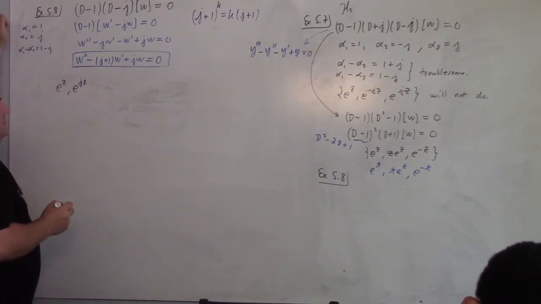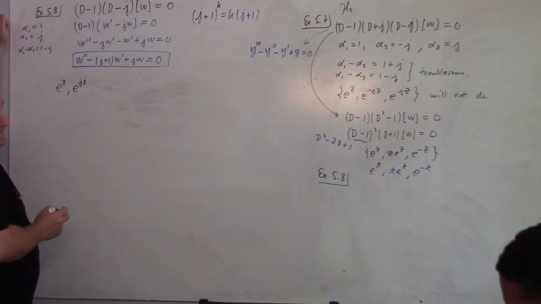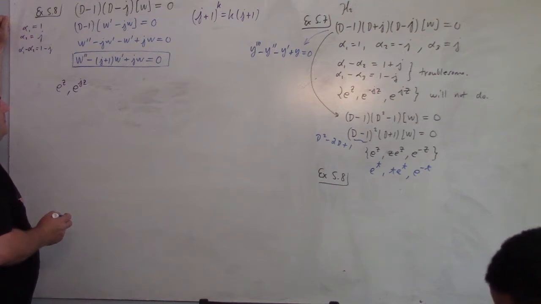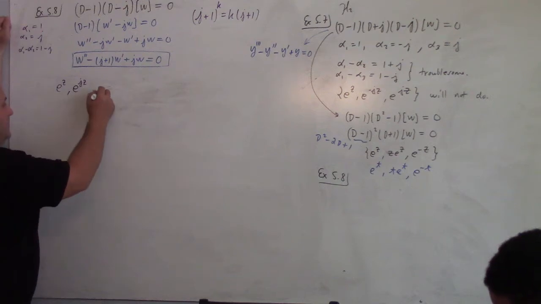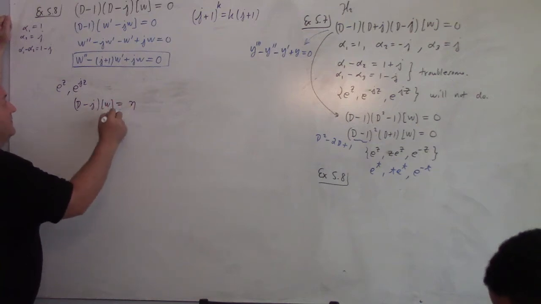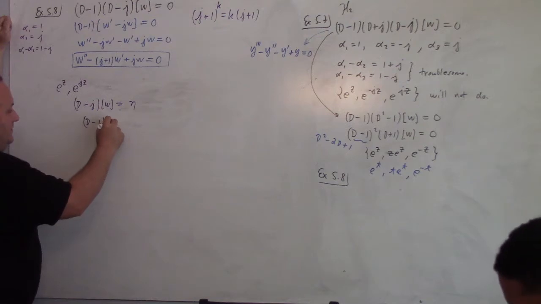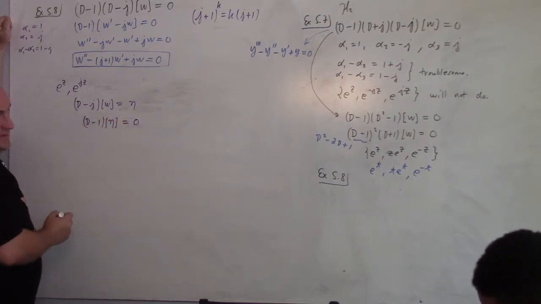These are linearly dependent. So what we did was to say, okay, I'm going to say d minus j acting on w, I'm going to call that thing eta. Then I've got d minus 1 acting on eta equals 0 by substitution.